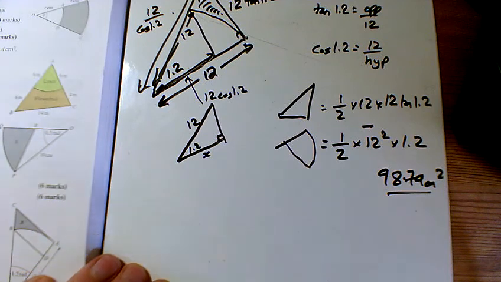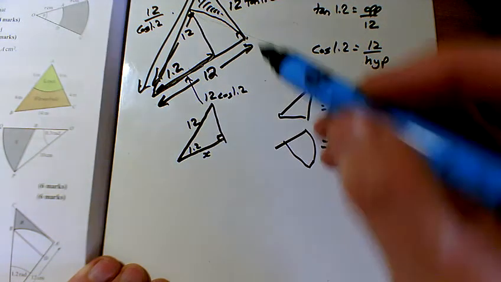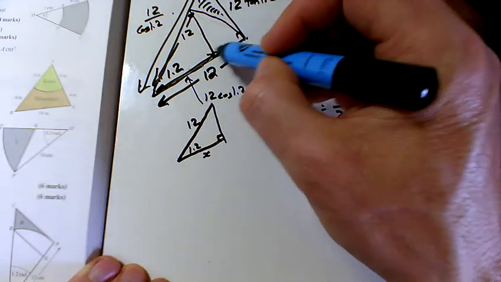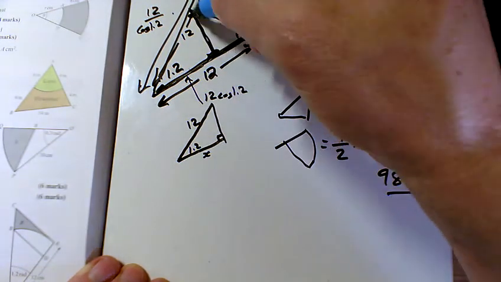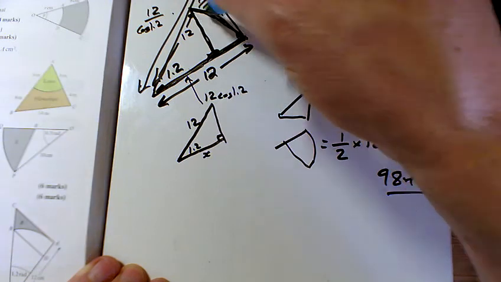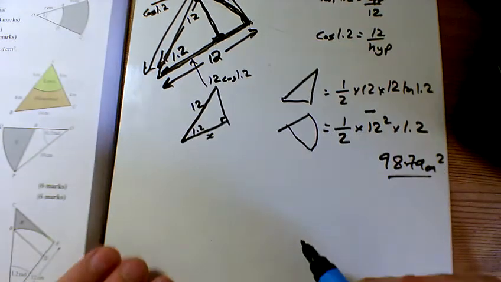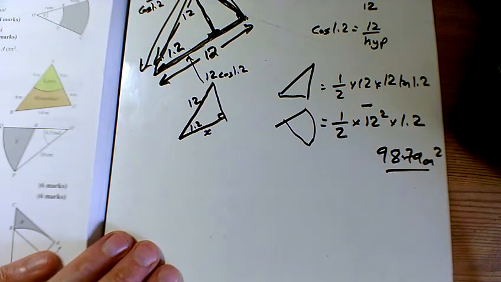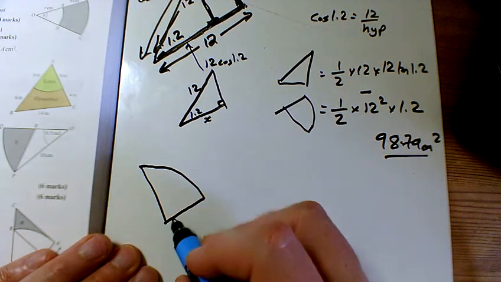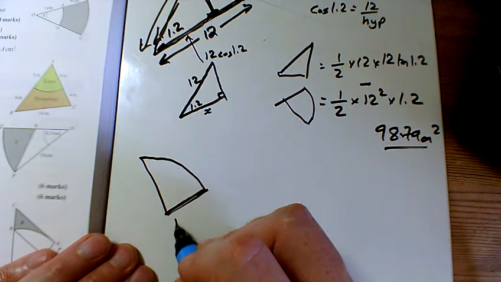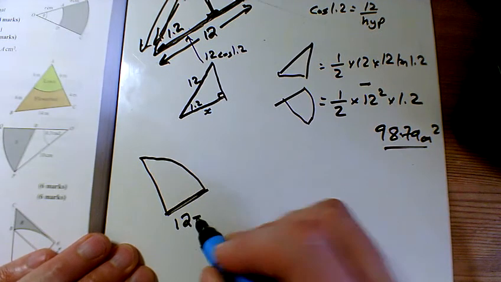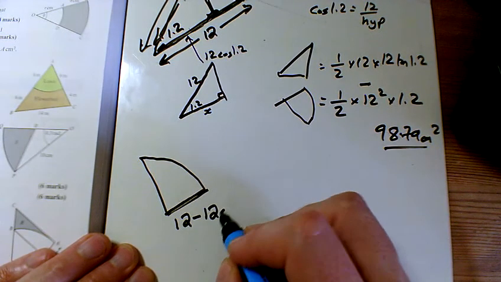Now we're being asked to find the perimeter of DAB. So D to A to B, the perimeter of this part here. This part along the bottom is the difference between the 12 and the 12 cos 1.2.